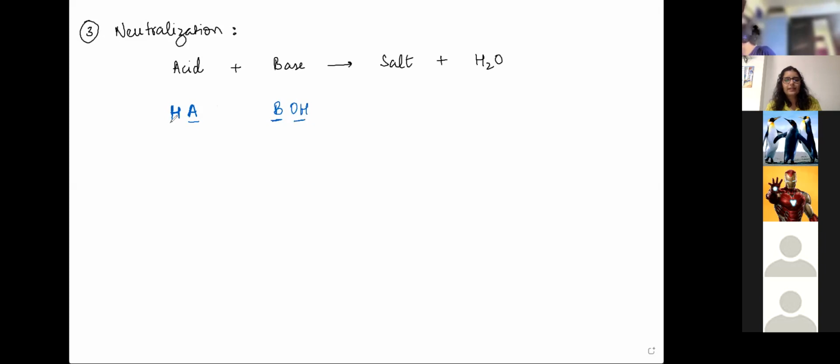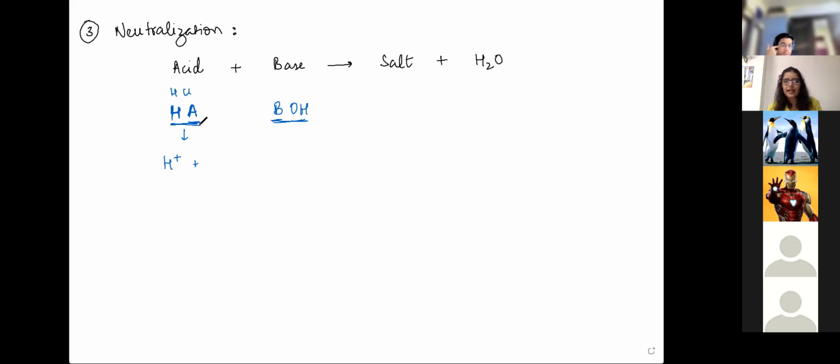So when acids ionize, what ions do you get out of it? Yeah, Mansi, anion. So if the acid is HA, for example HCl, you get H plus and Cl minus.